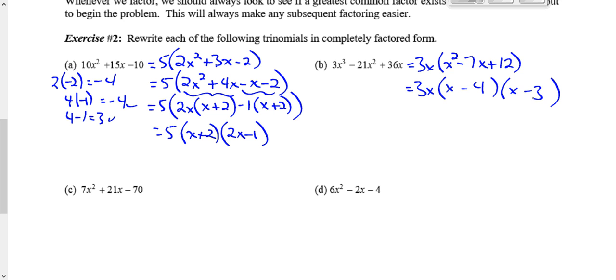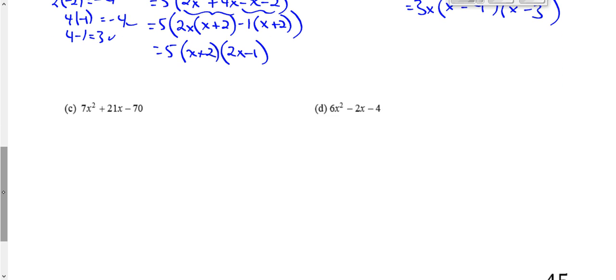All right, move on to C. So guys, in this case, when I'm looking first for a GCF, what do I hope it'll be here? In this case, I'm hoping it's a 7, so you might try that, right?